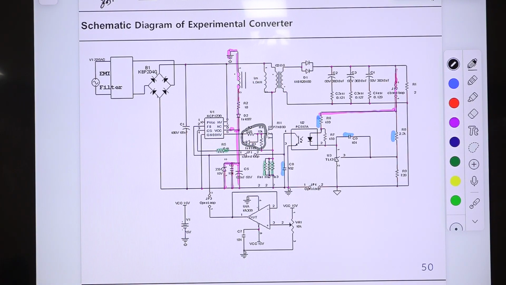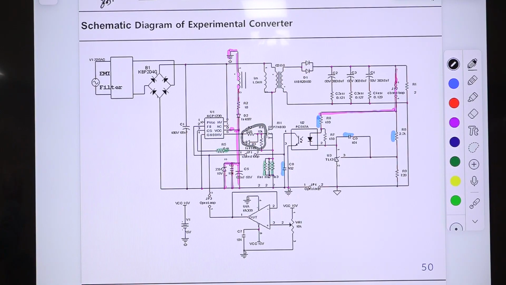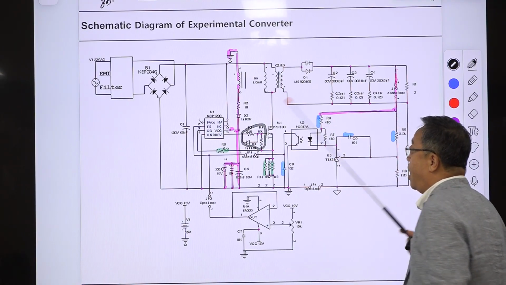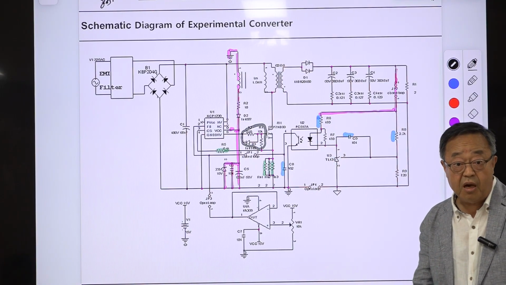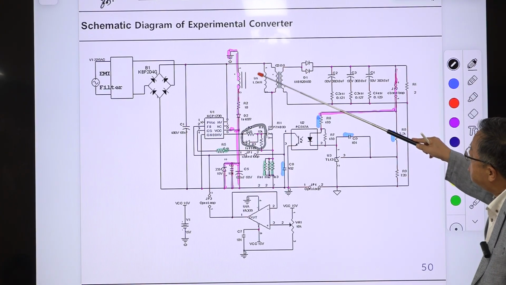Right. So this flyback converter is derived from a buck converter combined with a boost converter. If you take a look at this converter, it behaves as the buck converter. Actually, the magnetizing inductor is here.